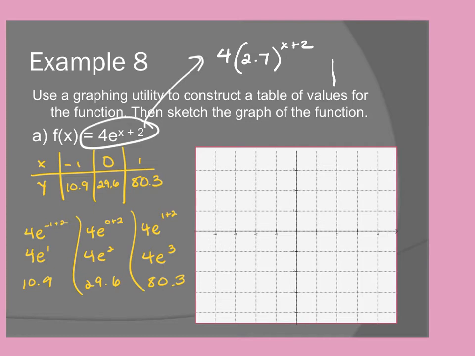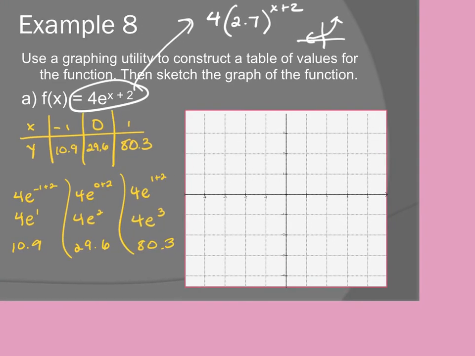So if I had a graph of 3 to the x, let's say I had given you that graph because it's pretty close to 2.7 as you're going to get, you literally would say that graph is shifted to the left 2 places and it's growing quickly. That's the other way to compare these, okay? But if I just plot these points and plan ahead, because I'm going to 80, I'm going to adjust my increments.